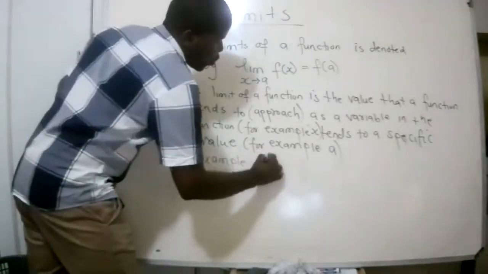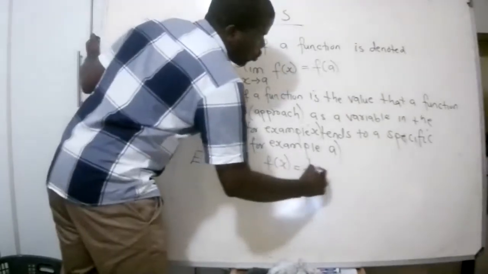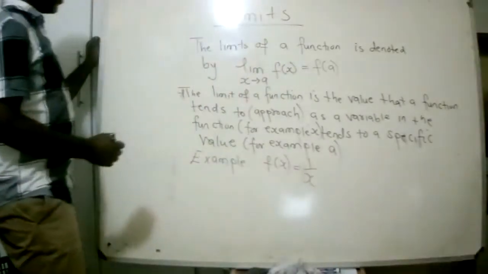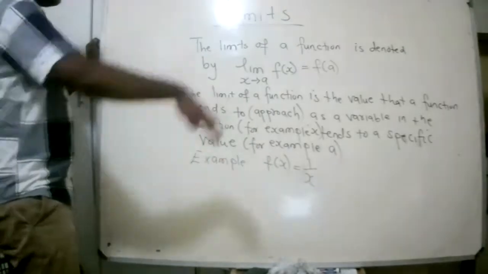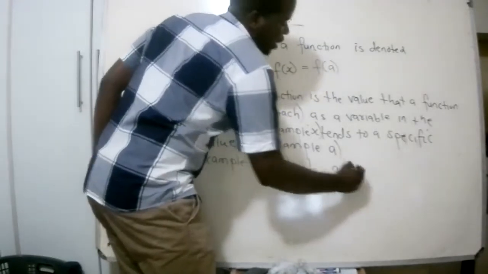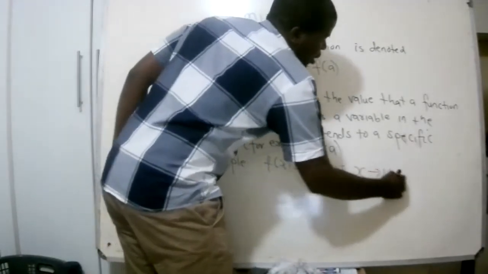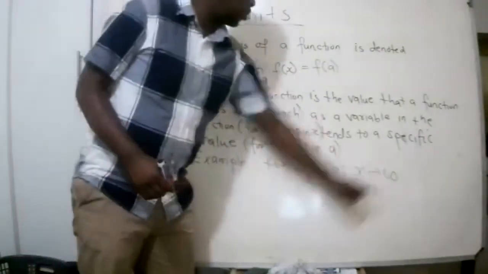Let's say we have a function f of x, which is equal to 1 over x, and we want to investigate the limit of that function as x tends to infinity. What happens to this function as x tends to infinity?